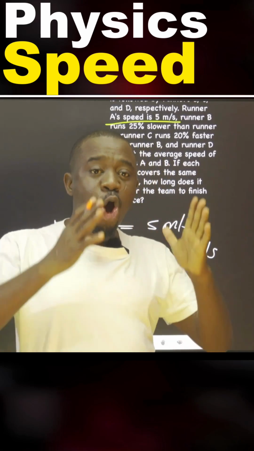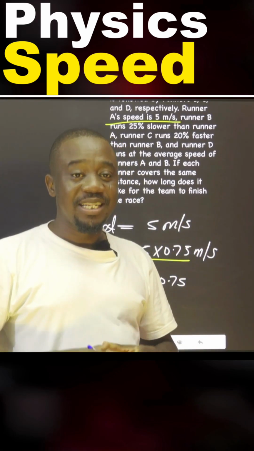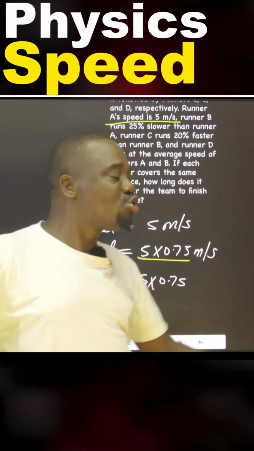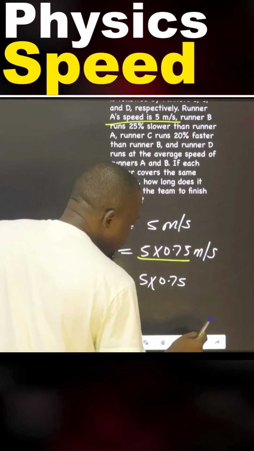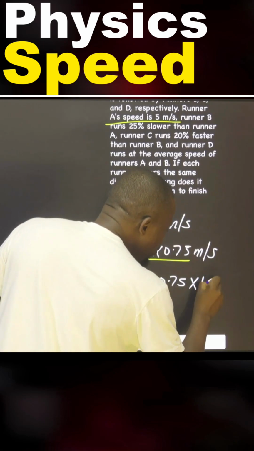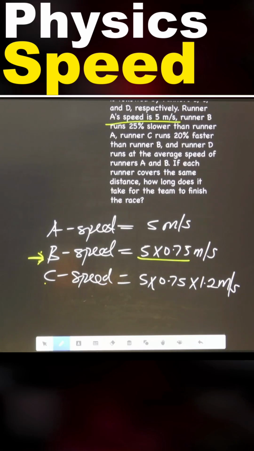That is what? 100% plus another 20, which is 120. Divided by 100 is 1.2. Okay? That is everything here, which is this, multiplied by 1.2 meter per second. That is the speed of C. No problem. Let's continue reading.